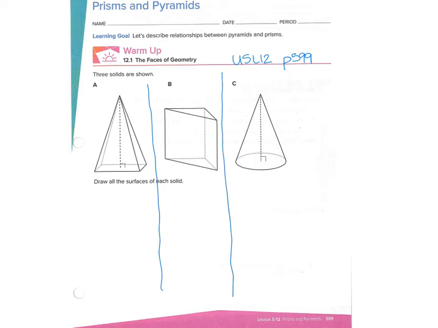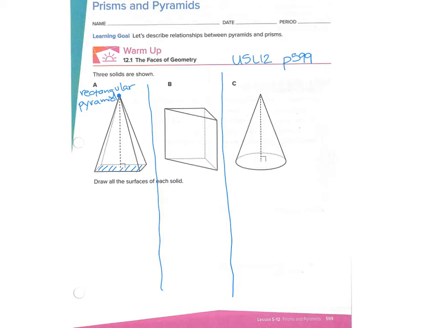In this first one, I notice that my shape is sitting on a rectangular base going up to this point. So I know that this is a pyramid since it comes up to a point, and it's a rectangular pyramid since it's sitting on a rectangular base.